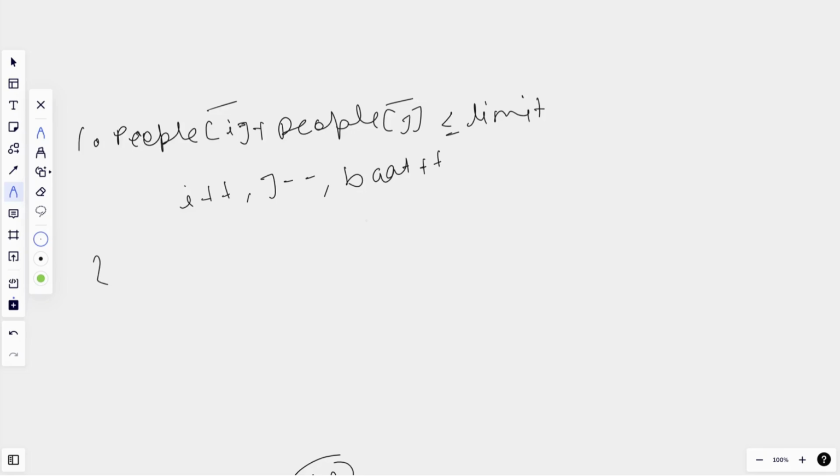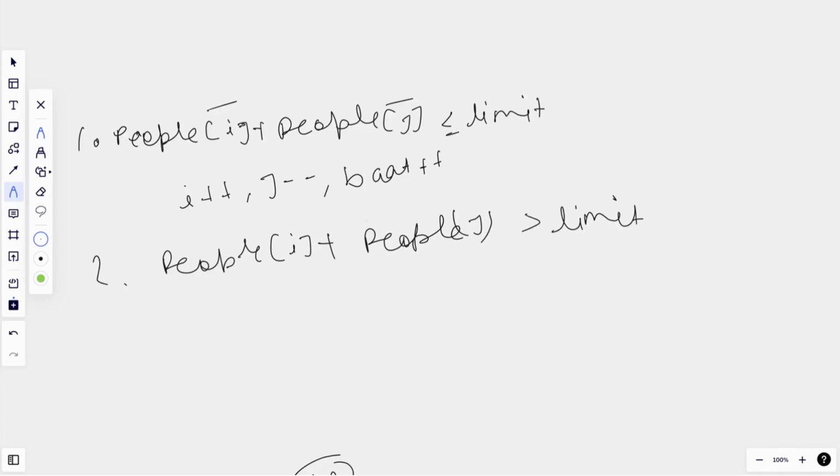Otherwise, in case number 2, if people[i] plus people[j] is greater than limit, then this jth guy cannot be paired with the smallest guy present in our sample space.